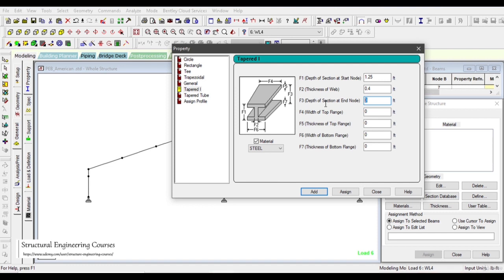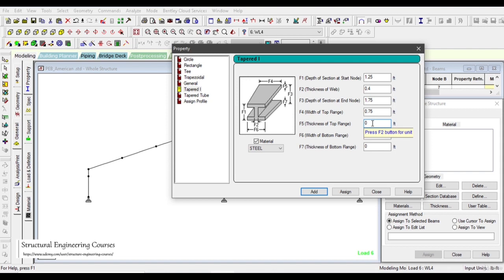And depth of section at end node we can take it as 1.75 foot. Width of top flange we can take it as 0.75. Thickness, and width of bottom flange we can again take it as 0.75.